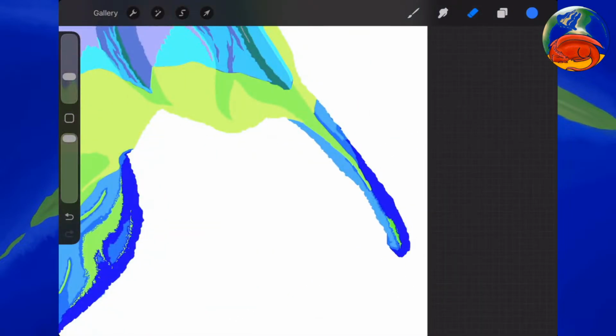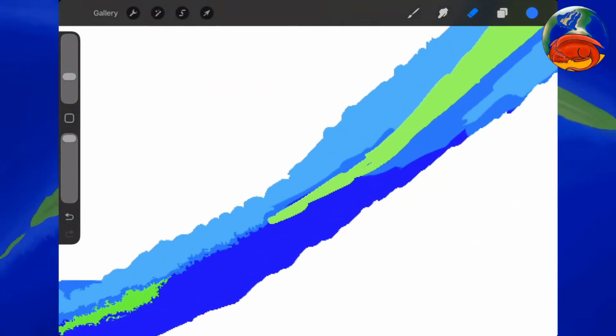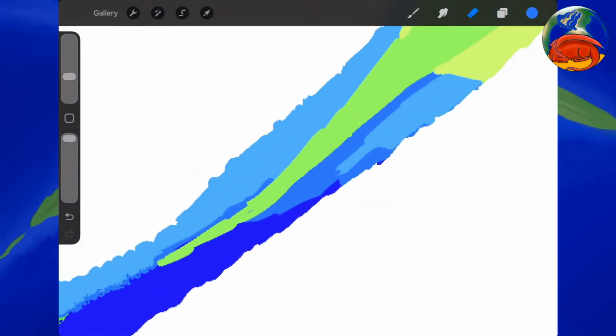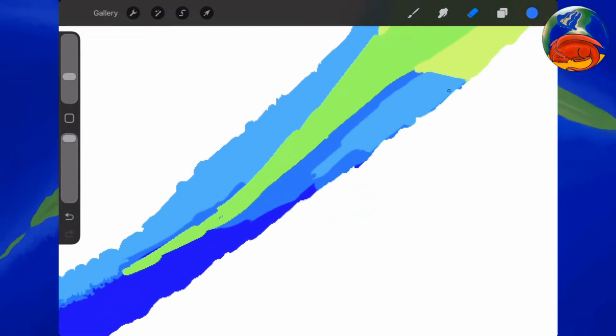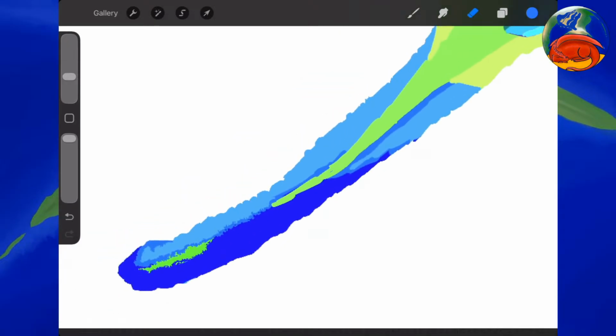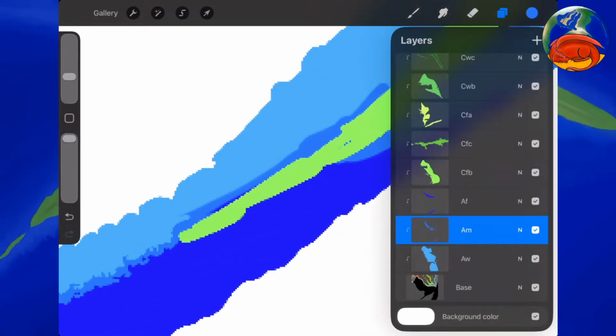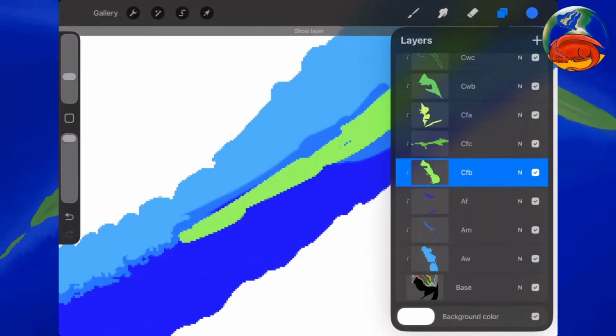That's cute. And now we are going to carve away this one.